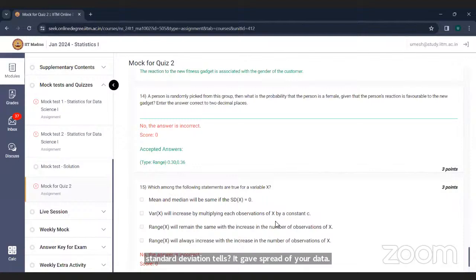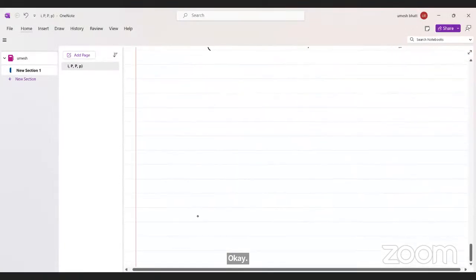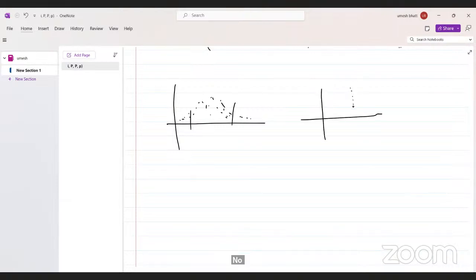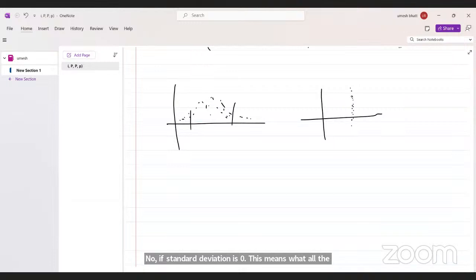If I plot my data, assume this is my data and this whole thing is my spread. Now if standard deviation is 0, this means what? All the data is in the same place.